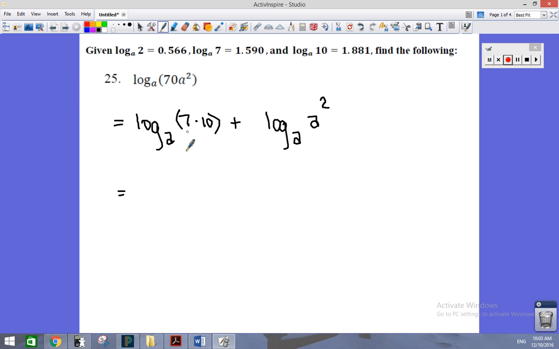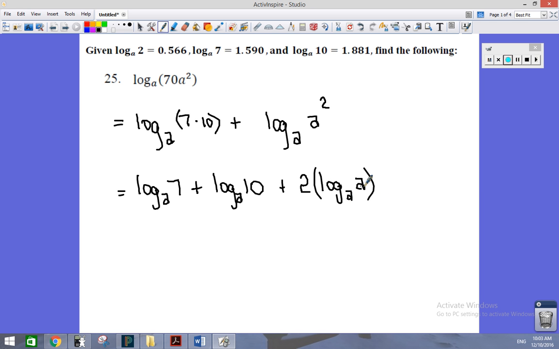And by the product rule, that's then log base a of 7 plus log base a of 10. Now here, this 2 comes down by the power rule as a coefficient, and log base a of a is an exponent, and a to the first power is equal to a, so this is just the number 1.